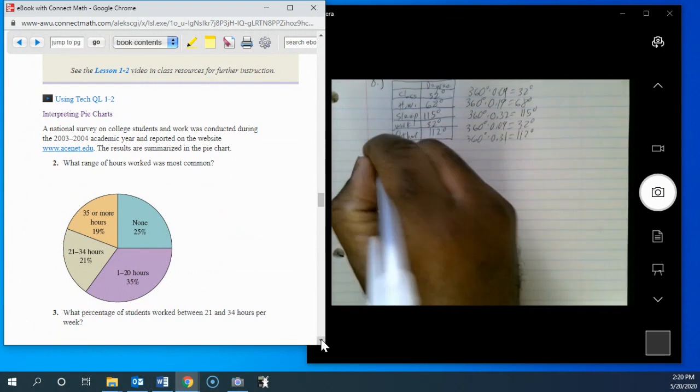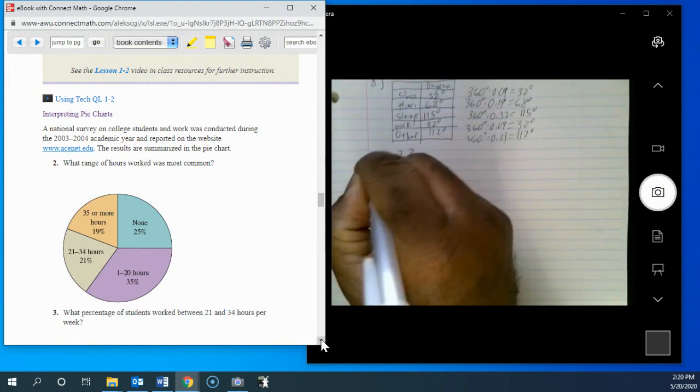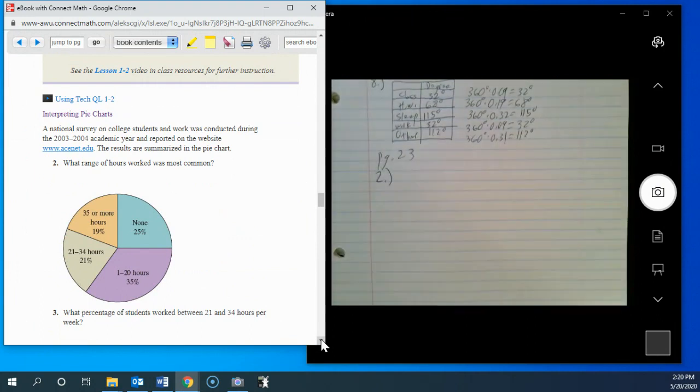All right, so we have page 23, problem number 2. It says, a national survey on college students and work was conducted during the 2003-2004 academic year and reported on the website, basically acenet.edu. The results are summarized in a pie chart. What range of hours worked was most common? Okay, we look here.